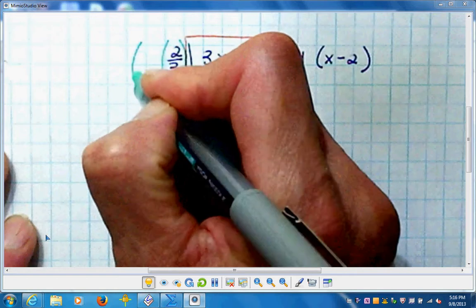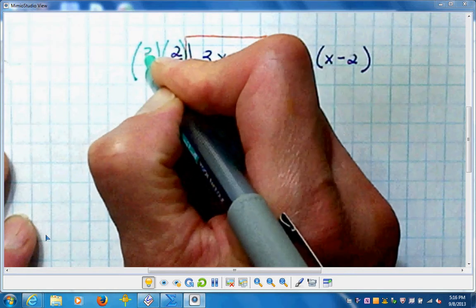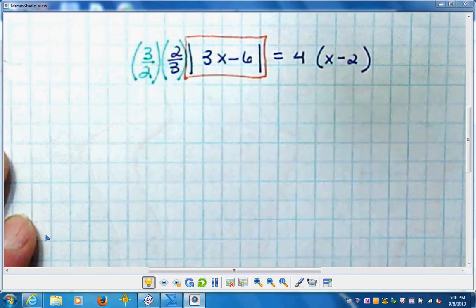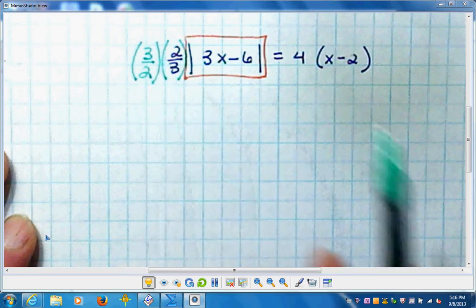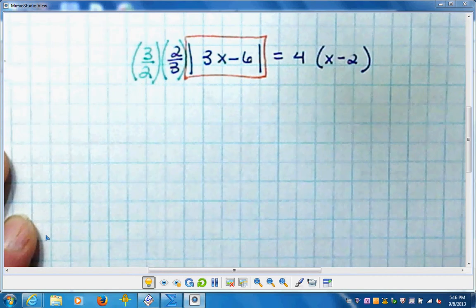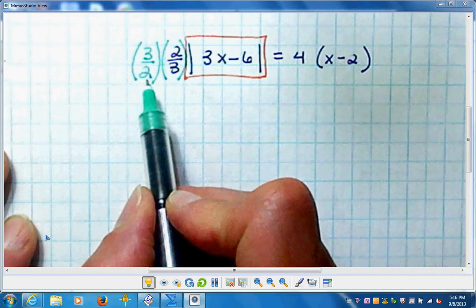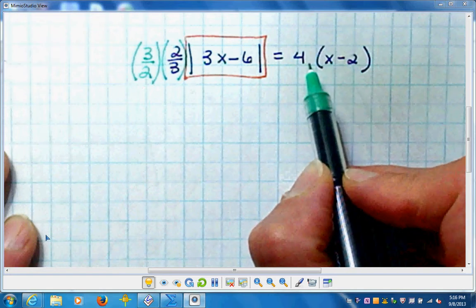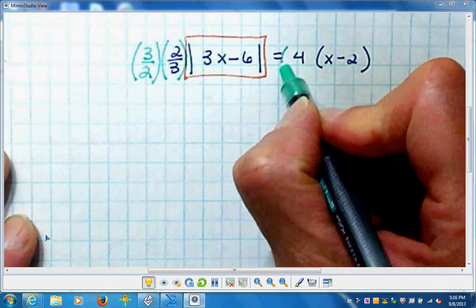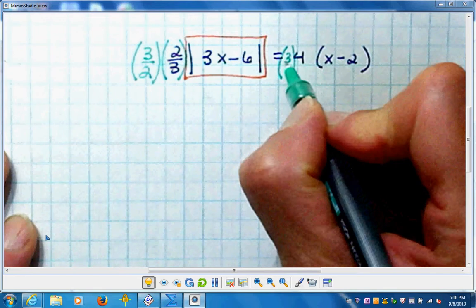Well, if I multiply 2/3 by 3/2, then that's going to give me 6 divided by 6, which is the same as 1. So that means that I do this to one side, I'm going to also multiply it to the other. I'm going to squeeze it in right here in the front. 3/2.